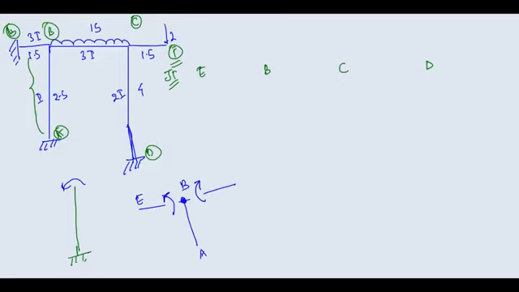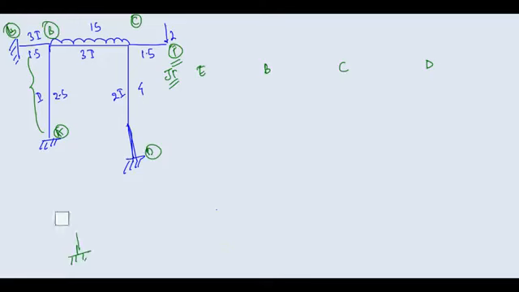I can use that property and get this moment also. Once I know this moment, I know that the carryover factor is half, and the moment that you will get here is M by 2. So I already know the moment at A once I know the moment at B. So I don't need to consider joint A here. That is the special thing in this question, the approach. Otherwise, if you like, you can solve all joints, but it will be lengthy.